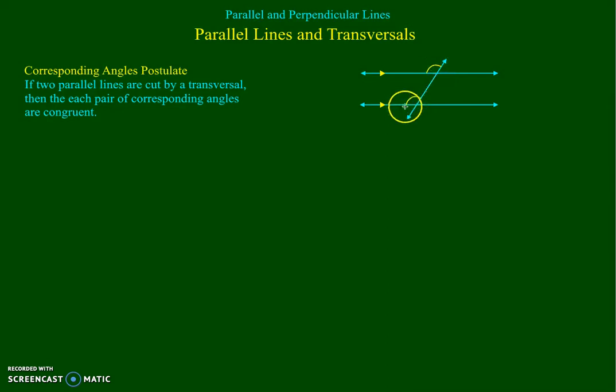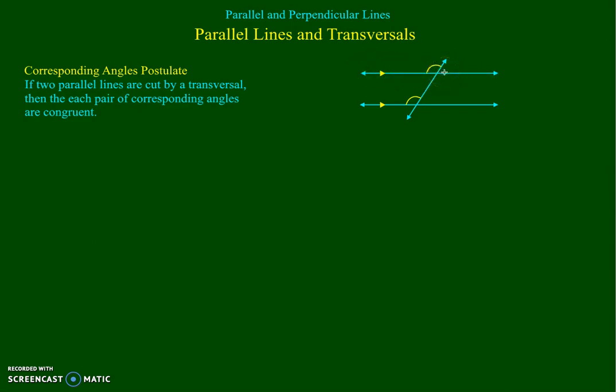In this case, if two parallel lines are cut by a transversal, each of the corresponding angles are congruent. So each pair of corresponding angles, this angle and this angle, are congruent to one another. That means their measures are the same. Now, it would be fairly easy to show this by moving this line.